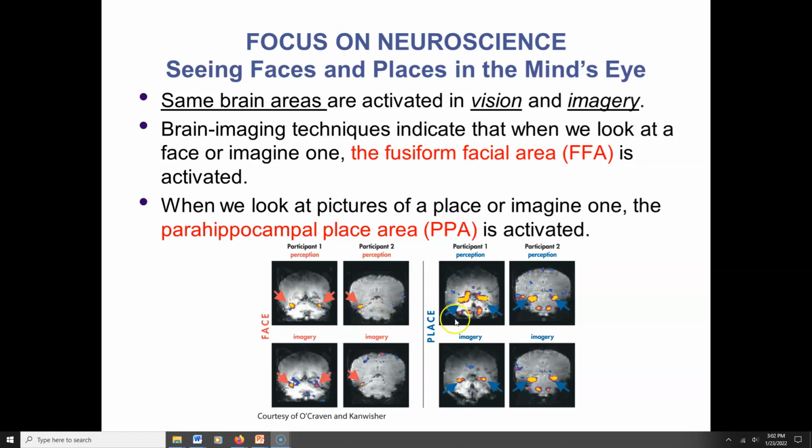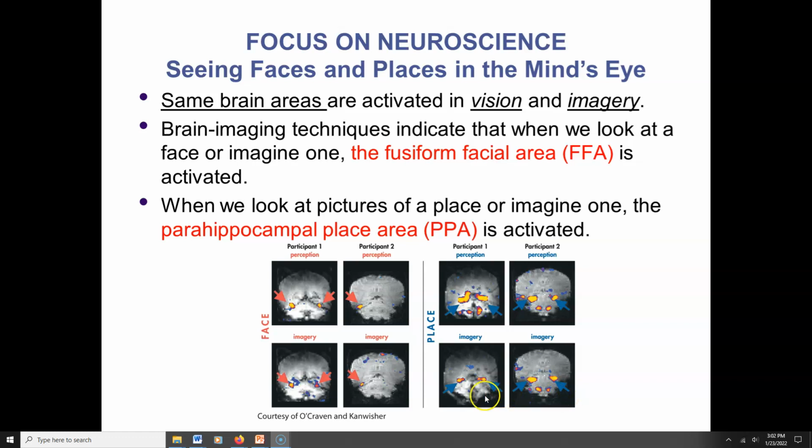These are the parts of the brain activated when they are seeing or imagining an actual location or a place. Down at the lower right-hand row, this is when the person is actually imagining a place, and you can see that similar parts of the brain are being activated.